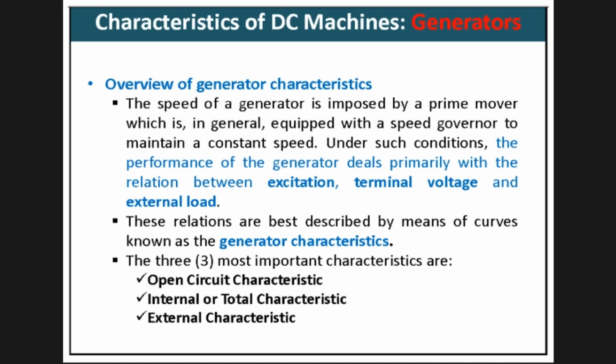And then the performance of the generator when the speed is constant deals primarily with the relationship between excitation, terminal voltage, and external load. So the performance, meaning the output of the generator, will depend on the field excitation, the terminal voltage that we require, and also the external load.